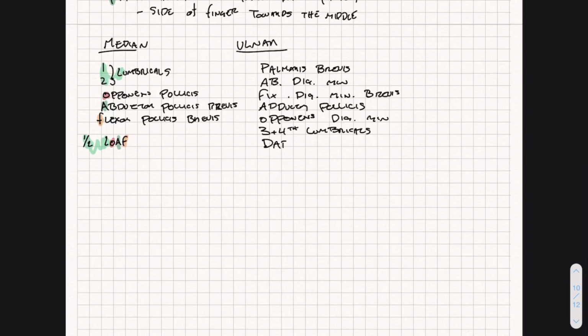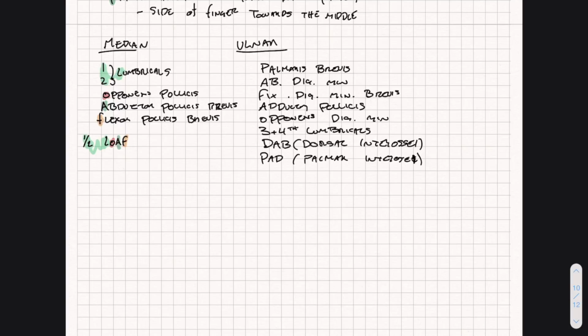All of the dabs, or all of the dorsal interossei, and all of the pads, which are those palmar interossei.